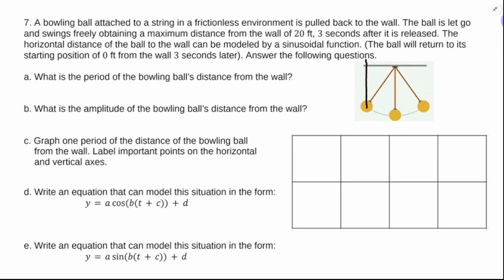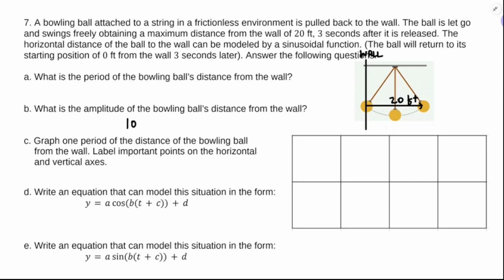But I am going to draw in on this diagram. That's going to be the wall. And so the minimum distance would be 0 feet from the wall, and the maximum distance, they said, was 20 feet. So the amplitude is half of the 20 feet, which is 10.